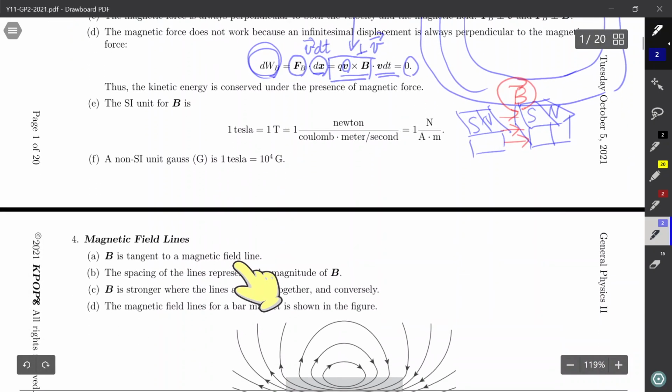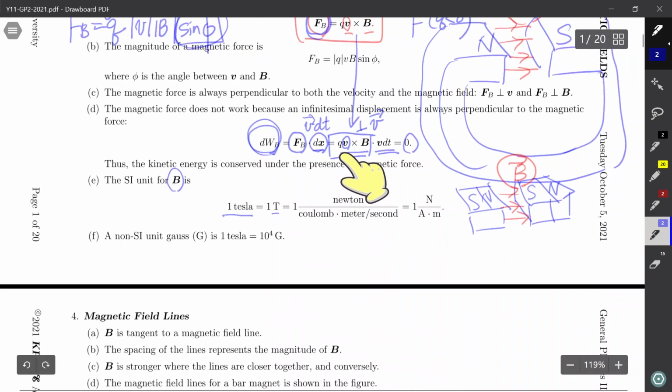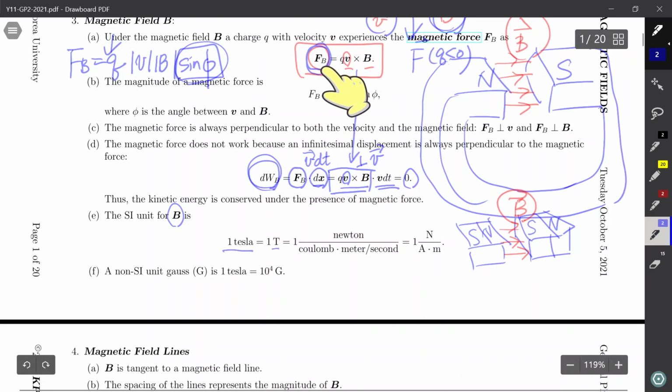The SI unit for the magnetic field is Tesla, and capital letter T is used for Tesla. Tesla can be understood from the magnetic force expression: if I replace the force with Newton, the charge with Coulomb, and velocity with meter per second, then it becomes Newton per ampere meter, since Coulomb per second is ampere.